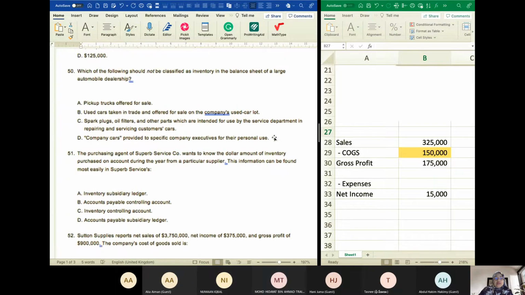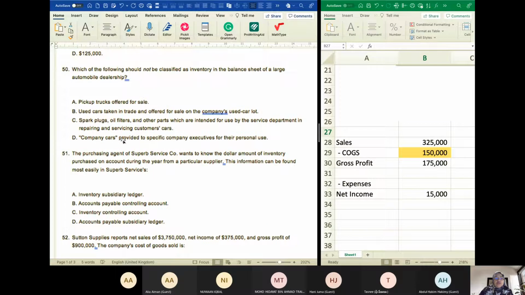It has to be D, because cars used for company purposes, for the company executive, are not for buying and selling. You may have purchased them, but not for sales. It's for the usage of the executive, so this is not your inventory.